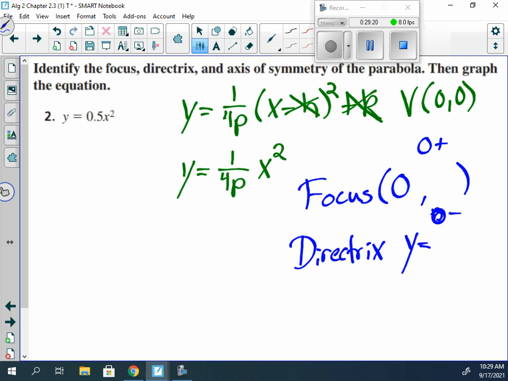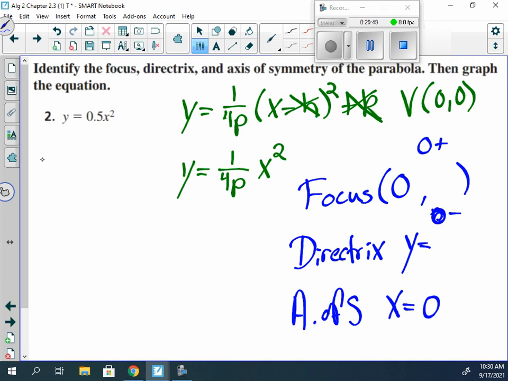Minus p. Do we know what p is yet? No, so we can leave that there. Axis of symmetry. X is equal to 0, because x is equal to h, so here it's just equal to 0. So what's the only thing we're missing? P, yes? Because if we have p, we can finish this out.